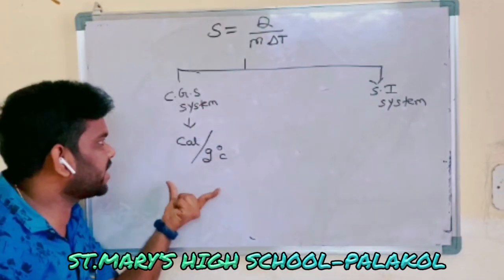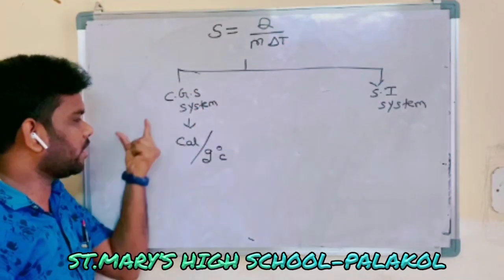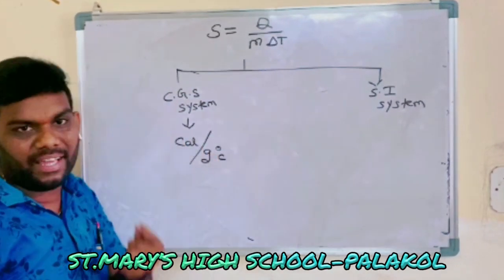Then finally, in the CGS system the unit of specific heat is calorie per gram degree Celsius.